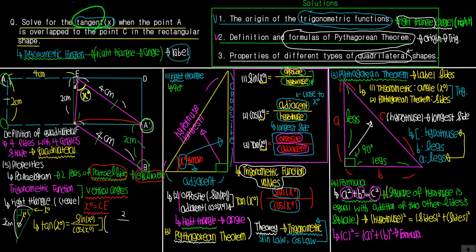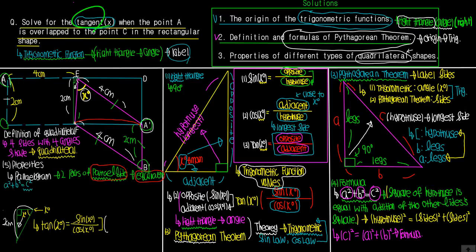We know the Pythagorean theorem is a squared plus b squared is equal to c squared. So let's erase this to make space to calculate.